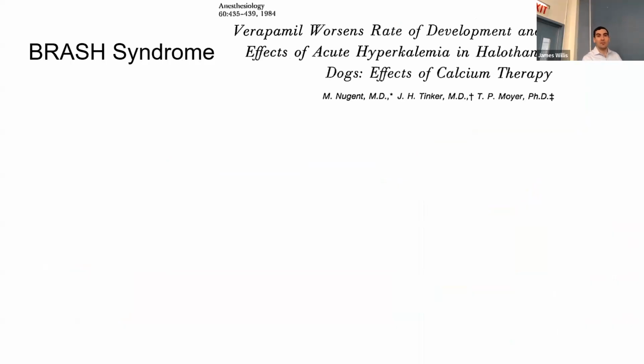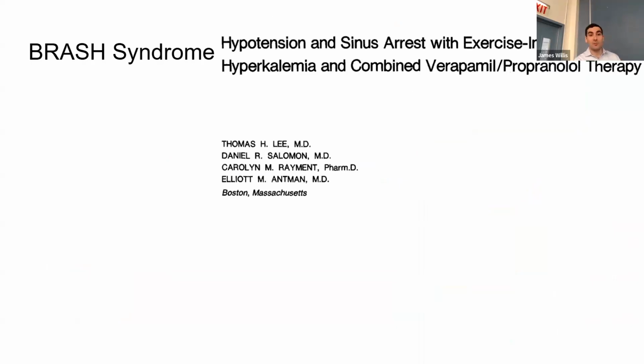All right, so for BRASH syndrome, a brief history. In 1984, experiments studying how calcium channel blockade potentiates the negative cardiovascular effects of hyperkalemia were done using animal models. The earliest case report noting this phenomenon of hemodynamic instability with hyperkalemia was reported by Lee et al. in 1986.